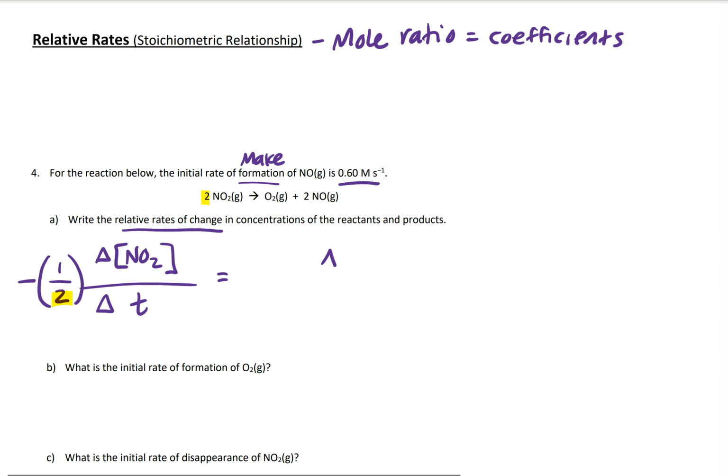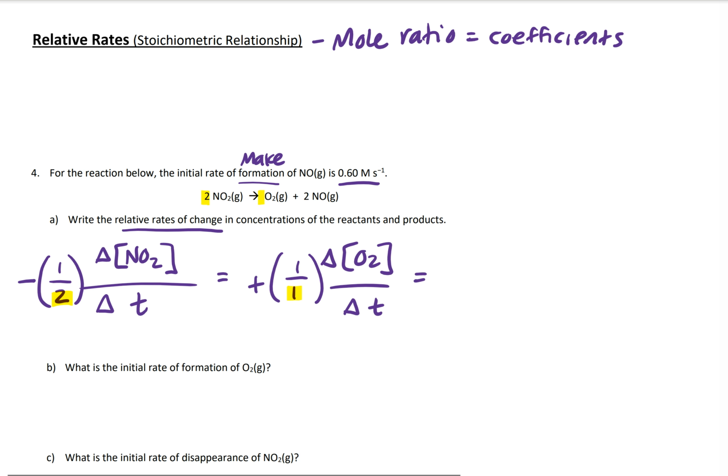So we do the same thing, delta O2 over delta t. But this time we're going to put a plus sign in front because oxygen is a product. We are making oxygen, or the reaction is making oxygen. But again, we're going to multiply by a fraction. 1 over 1, because the coefficient of oxygen is a 1, it gets a denominator of 1.